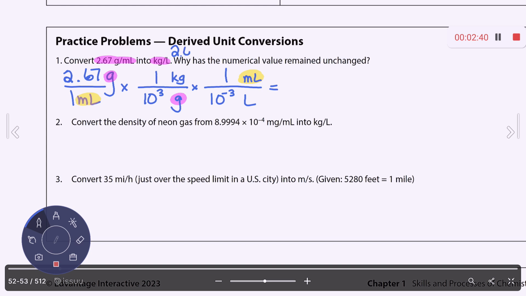So it should read 2.67 divided by second E3 divided by second E negative 3, enter. Make sure that you can get 2.67.